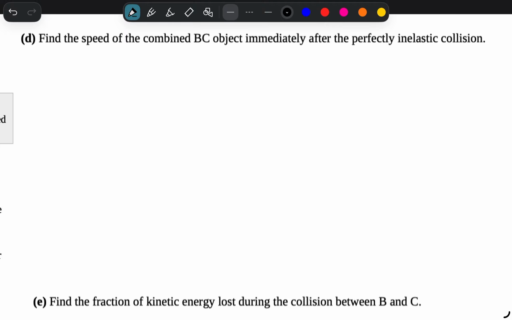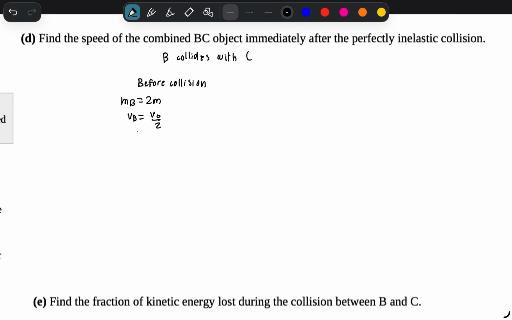collision. Well, we know that B is going to collide with C. So you're going to have, before your collision, the mass of B is equal to 2m, and VB is equal to V initial over 2.